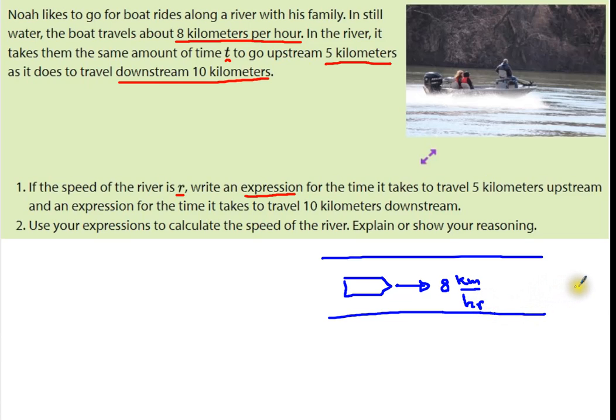And the river, in this case, is going this way, r kilometers per hour. So if you're standing on the side of the river, watching this boat go by, it appears that the boat is really moving 8 minus r kilometers per hour.